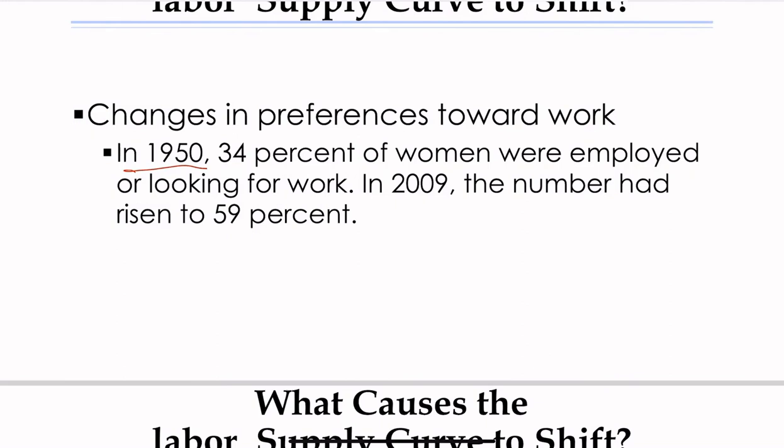In 2009, the number had risen to 59%. So you can imagine that if you want to draw out the labor supply curve in 1950, then it has to be below the labor supply curve in 2009, right?